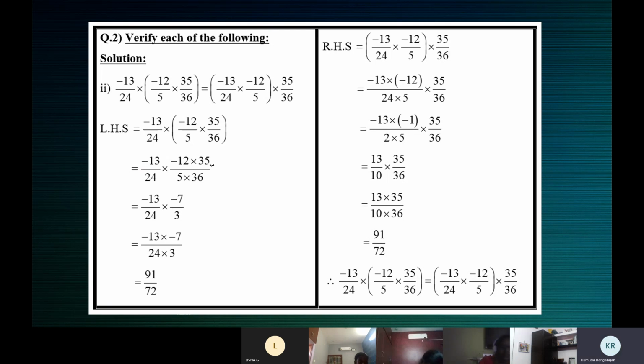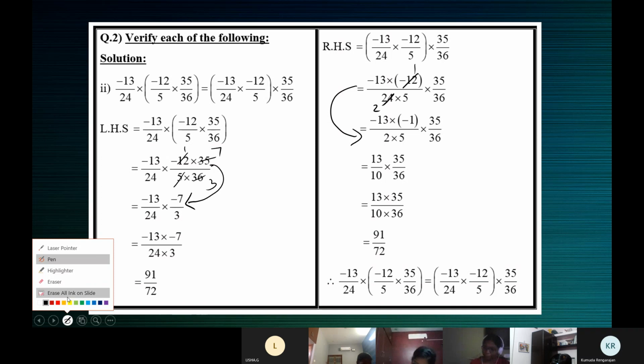So how suddenly from here we got this one is because we simplify, 5 sevens are. Here also, suddenly like this because 12 ones are 12, twos are. You must show the cancelling and all that. That alone will not be there in the presentation.